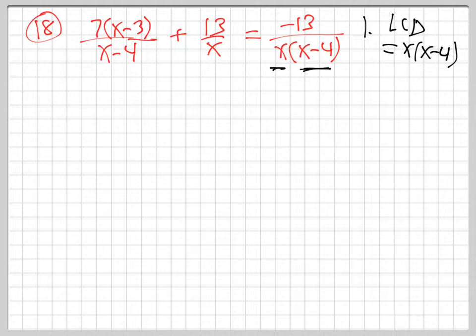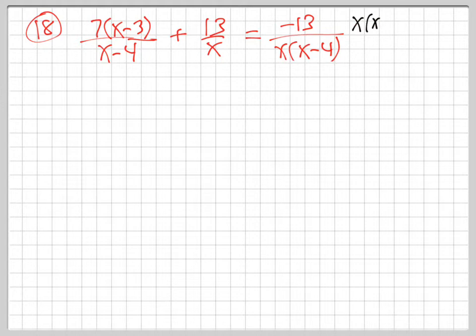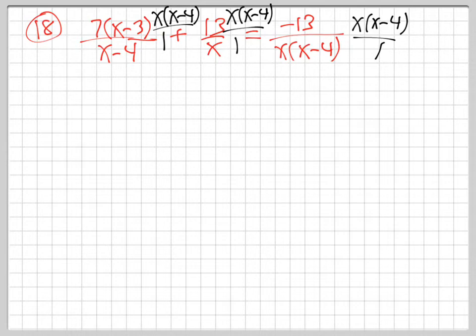And then what do we do with that LCD? Multiply that over 1, over 1, over 1, right? It's always the first step with fractions. With fractions with an equal sign, I should say, right? Here's my dividing wall, my equal sign.